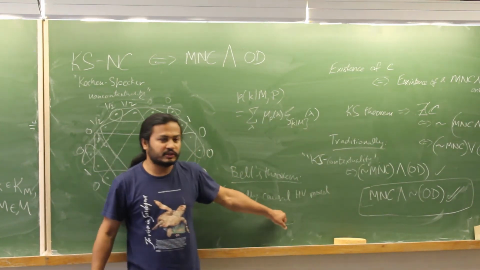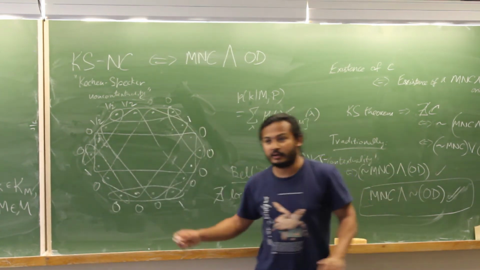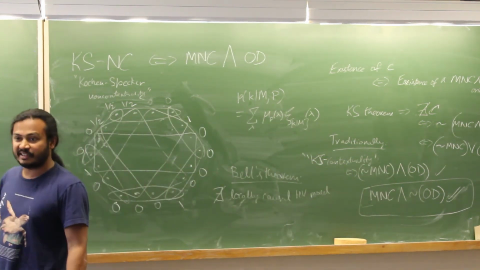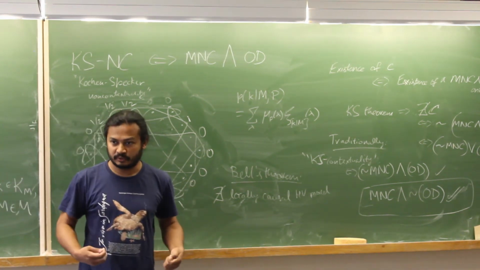And the definition of local causality doesn't require you to assume outcome determinism, it doesn't require you to assume that you're assigning outcomes deterministically. In fact, you can relax that assumption and Bell's theorem still goes through.